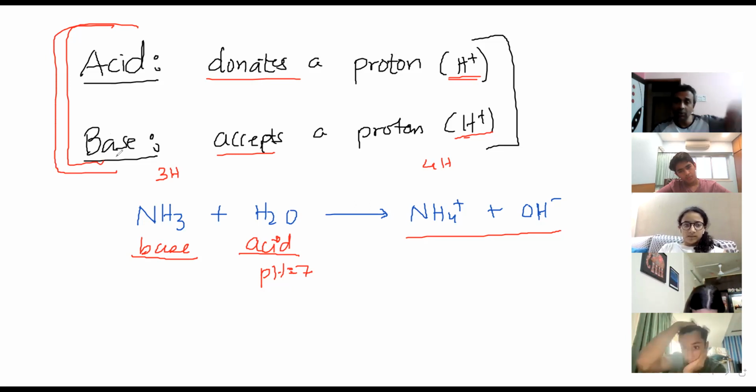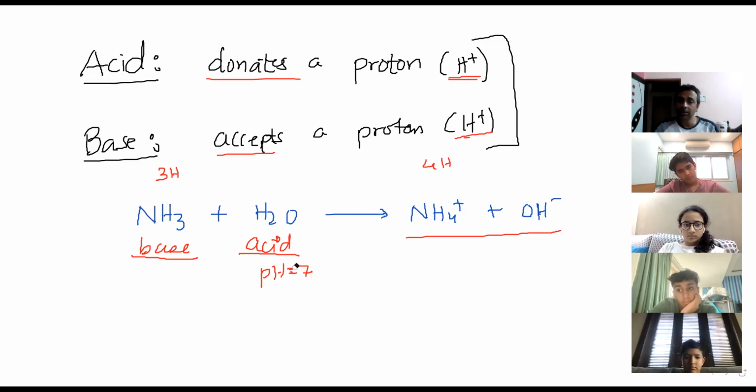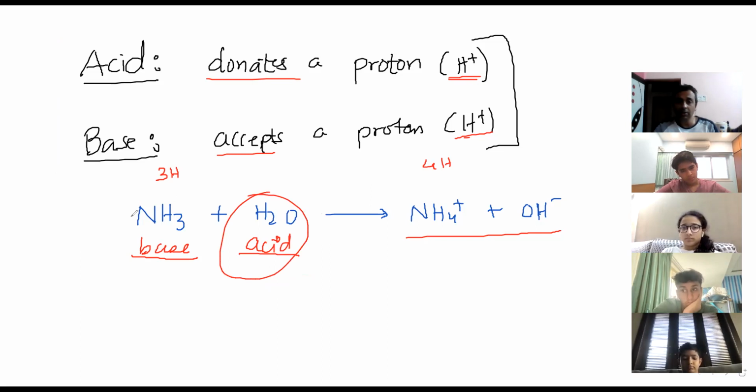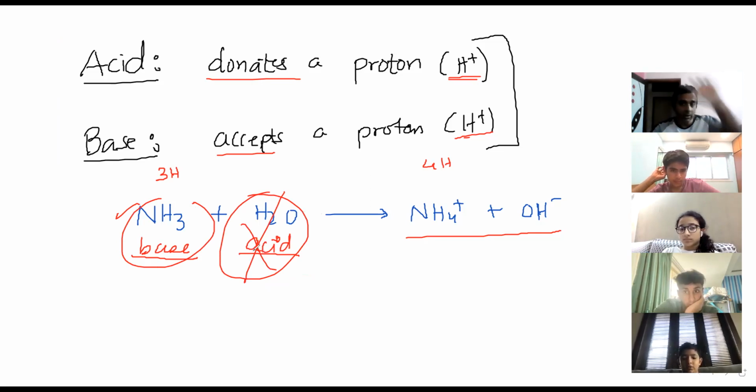There is another definition of acid base after this also, which you don't have in your syllabus. So remember that the definition of acid and base changes, the criteria changes. If you say that acid is something that has a pH less than 7, then according to that definition, water is not an acid.